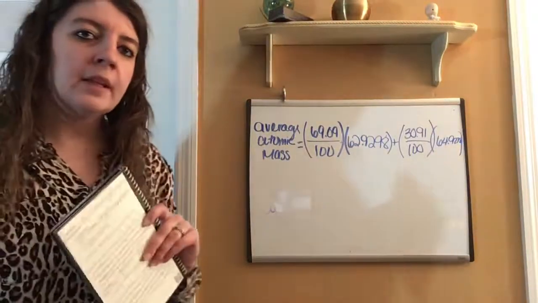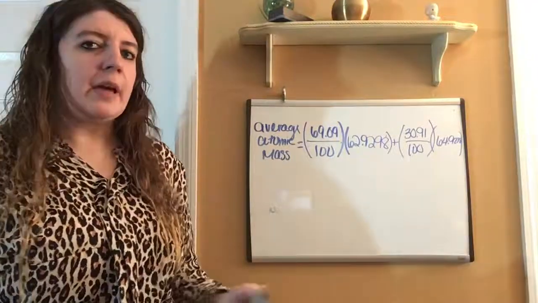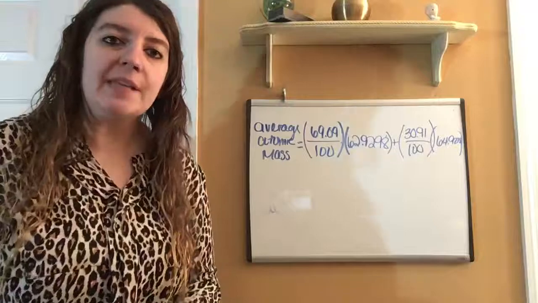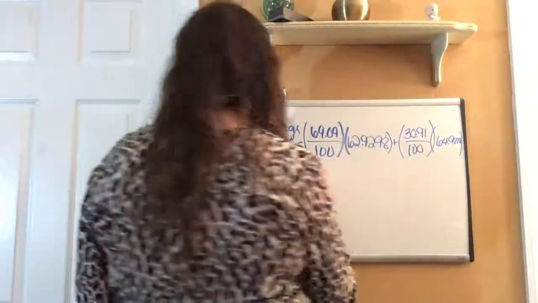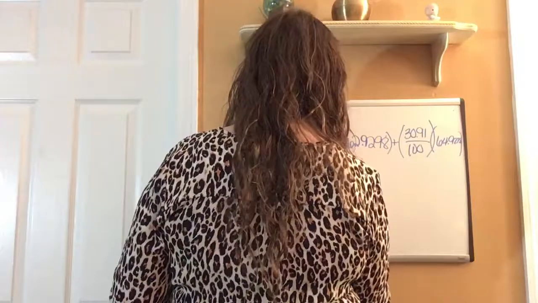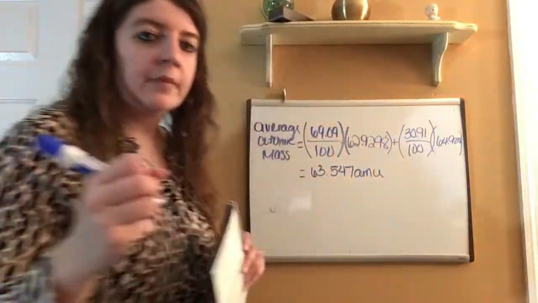Okay? So, those two. That's all we gotta do. Now we just plug and chug, right? So we're just going to multiply this out in our calculator. And when I do that, I should get 63.547 AMU. Okay?